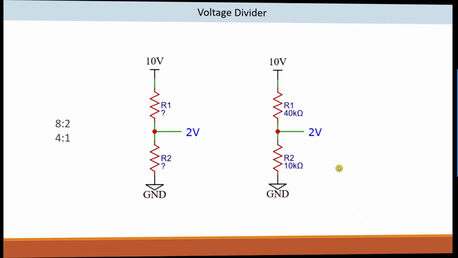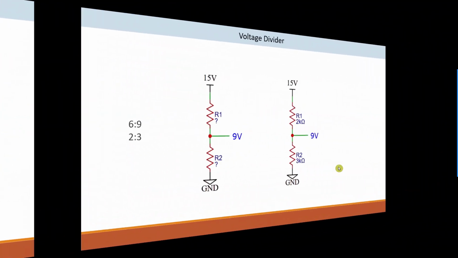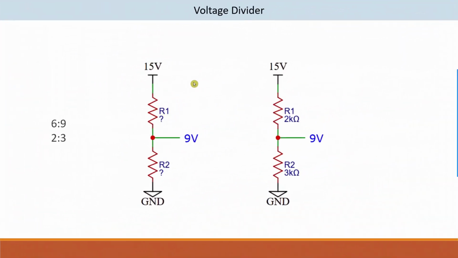Okay, so next, the input voltage is 15 volt and I need an output of 9 volt. Now we will calculate R1 and R2. Look here, input is 15 volt, output is 9 volt. So 15 minus 9 equals 6.